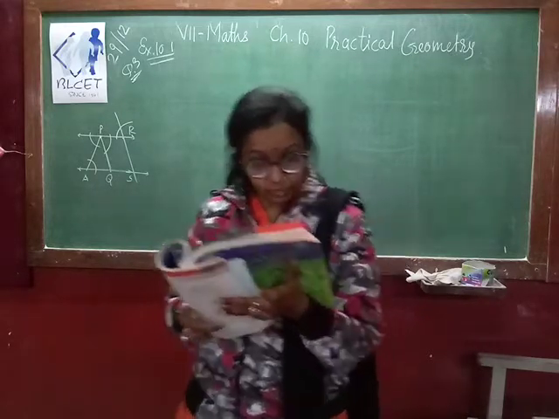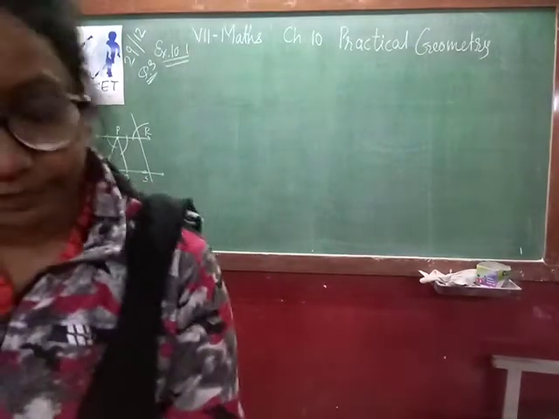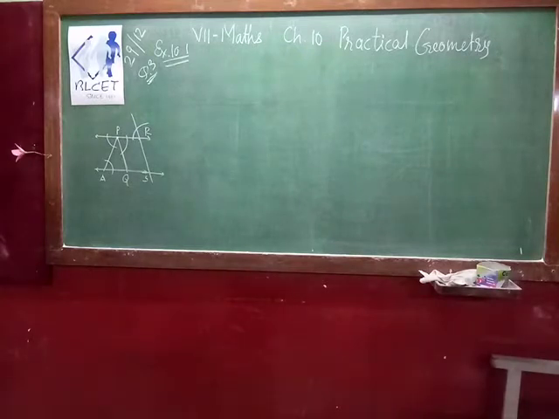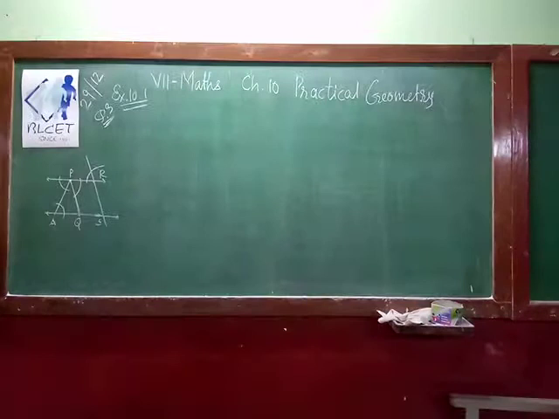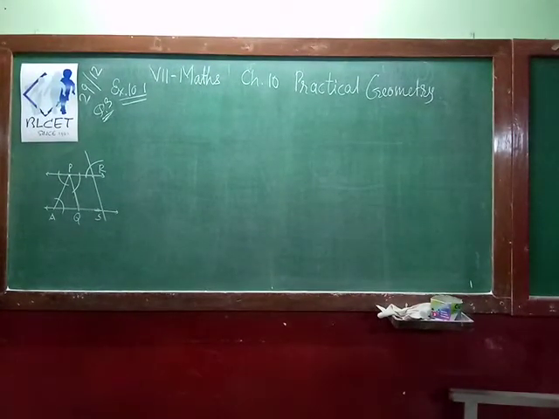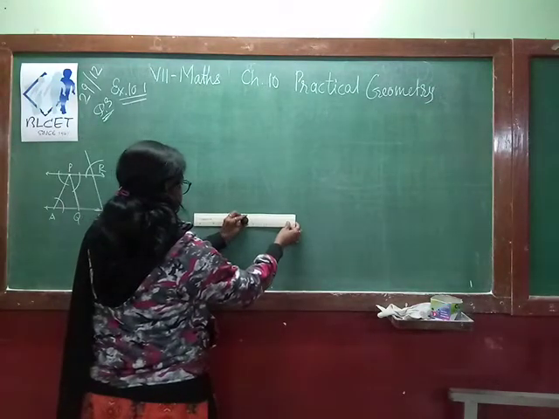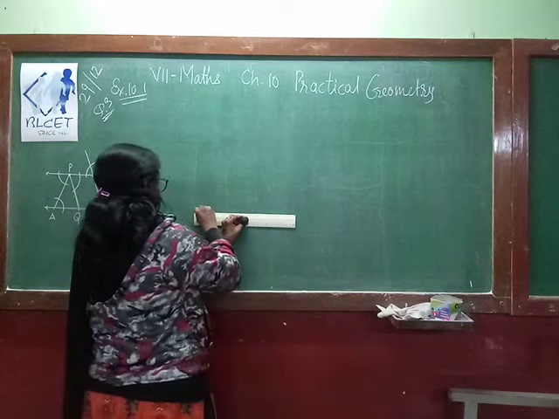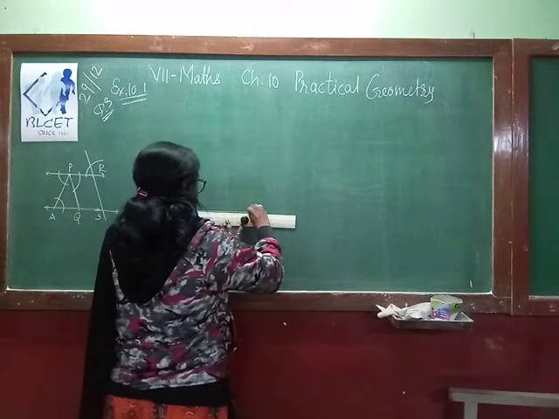So what we will do? Let L be a line and P which is not on that particular line. So with the help of scale, draw the line L. Make sure that you draw the straight line.